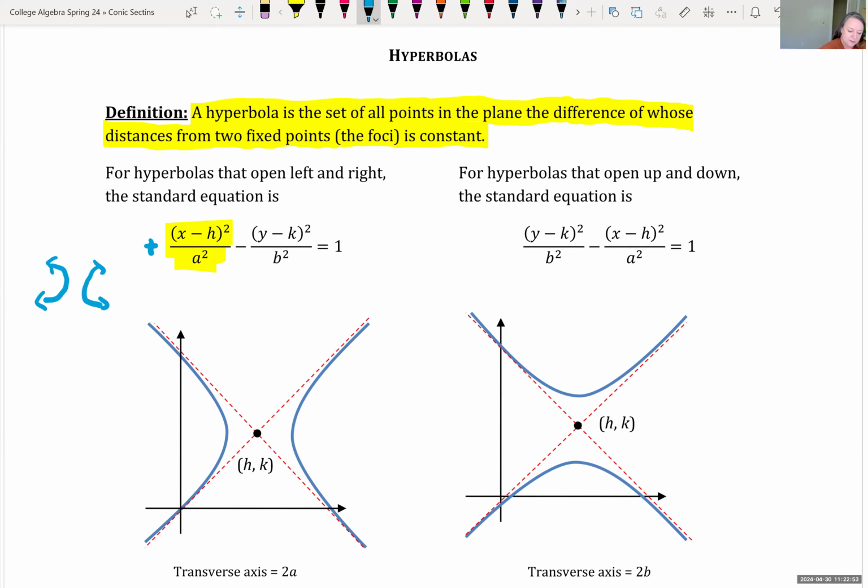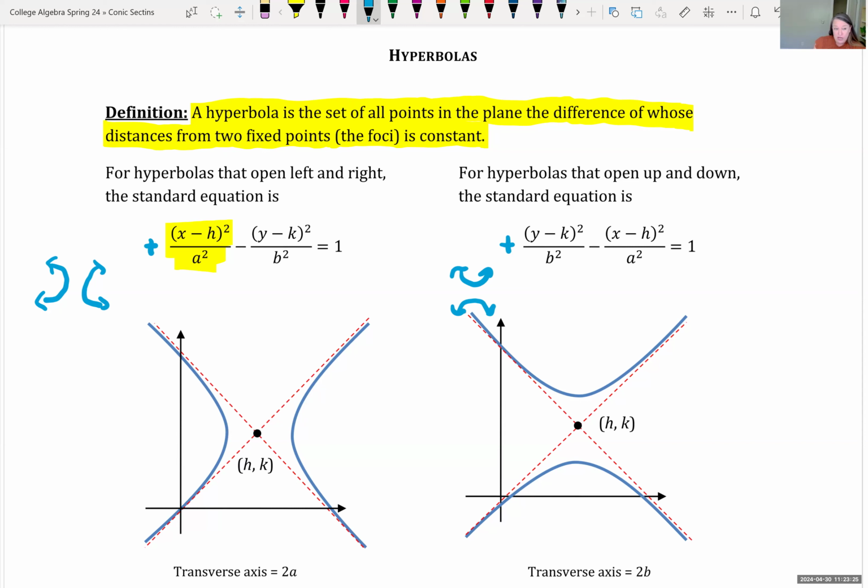Where if it was my y value that is positive, notice the shape, it's going to go towards the positive and negative y-axis. So that's how you're going to determine which direction. So for ellipse, it had to deal with the biggest number in the denominator. For hyperbolas, it deals with which one is positive when it's in standard form.